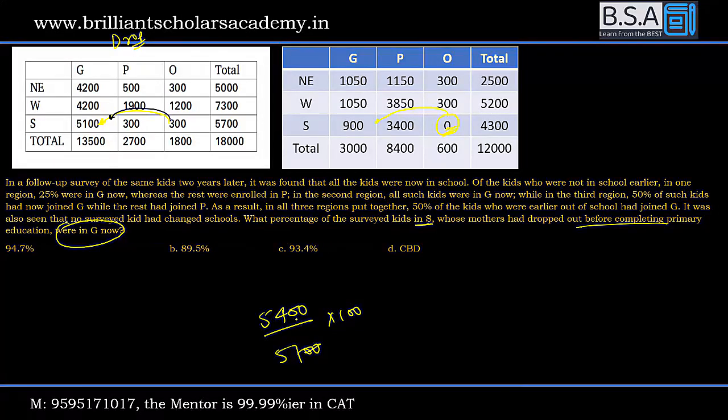So this is cancelled, this is cancelled, 3 se cancel, 18 by 19 into 100. See what answer do you get out of this? 94.7%.